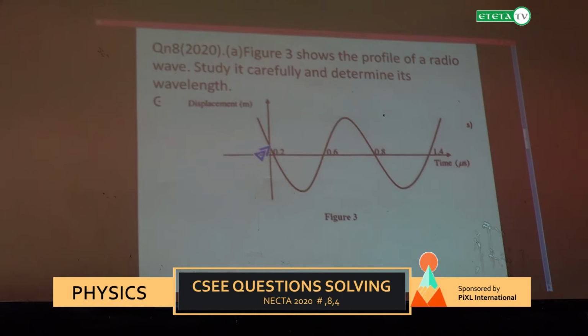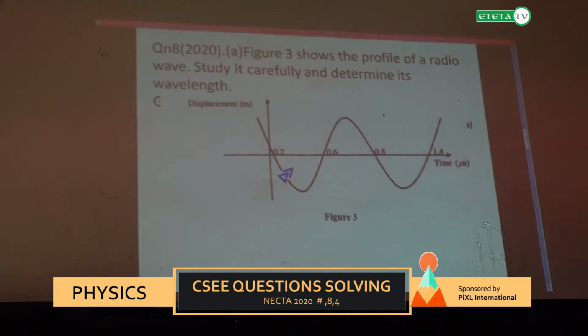The horizontal line represents time, and this time is in microseconds. Our work here is to study carefully, then determine the value of the wavelength of that wave.